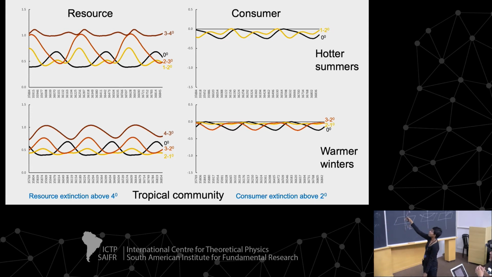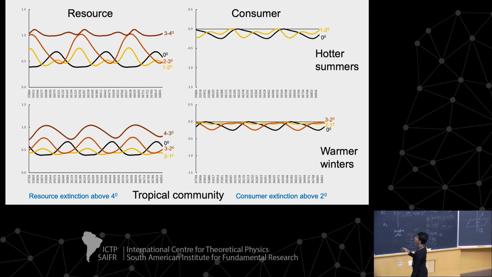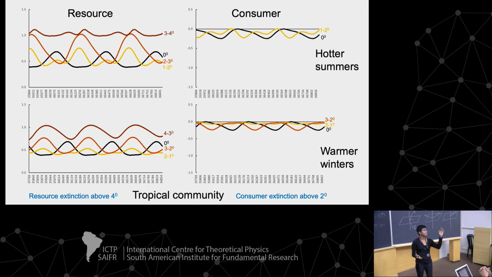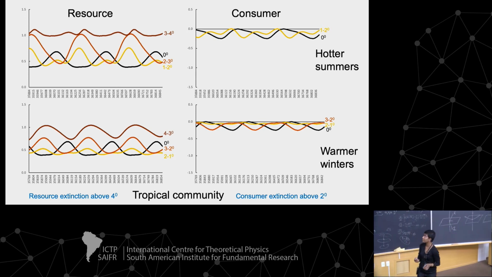So in the tropics, you can see that the resource persists even when the maximum temperature is 4 degrees, whereas the consumer goes extinct once the temperature goes above 2 degrees, okay. So there is definitely that difference between the resource species response to warming and the consumer's, but also notice the nature of the dynamics.